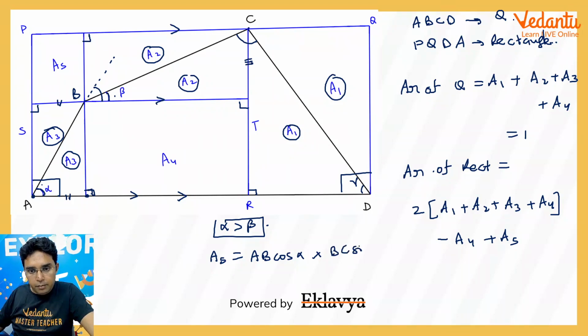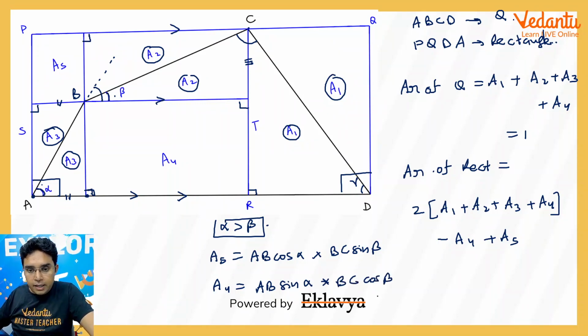BC sine beta. And A4, if I do, A4 is this thing, it is actually opposite. You can see it will be AB sine alpha into, that will be BC cos beta.